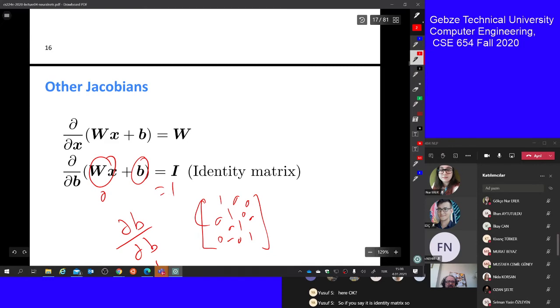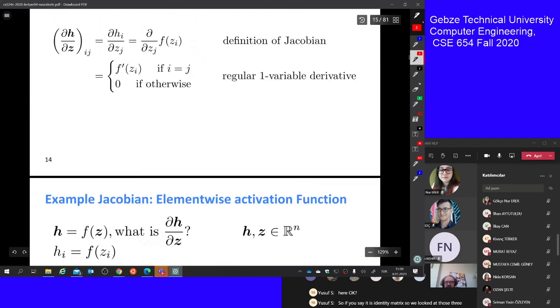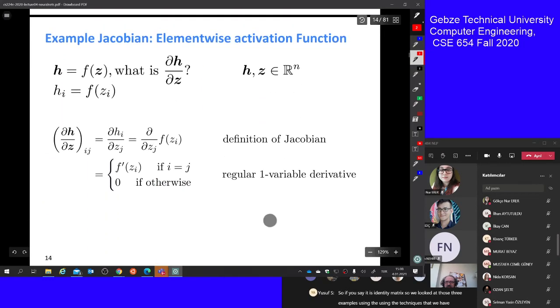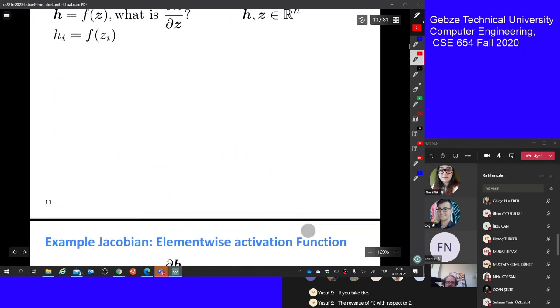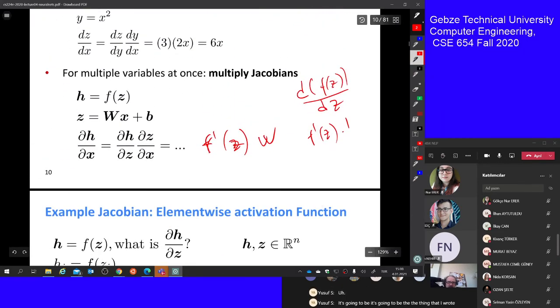So we looked at just 3 examples using the techniques that we have learned. Okay? So we said that if you take the derivative of f(z) with respect to z, it's going to be the thing that I wrote here, f'(z) times w, if you assume that z is a scalar number.